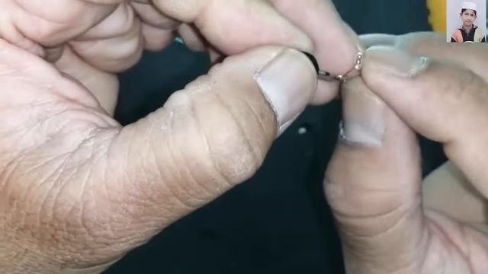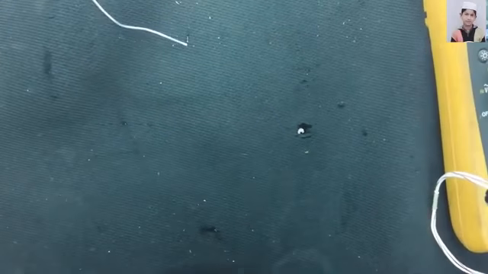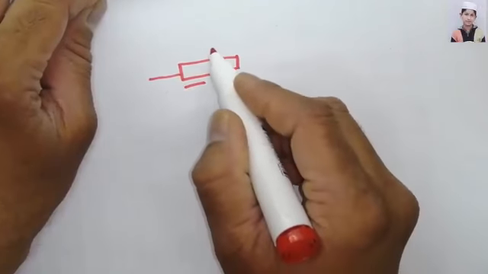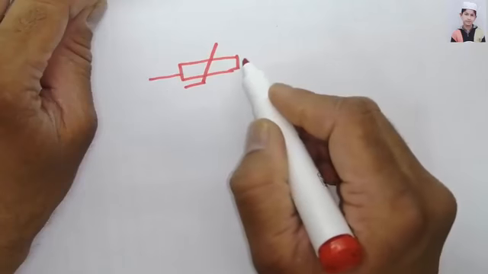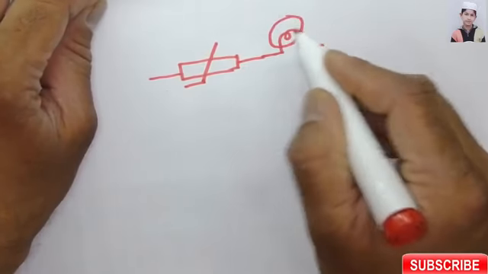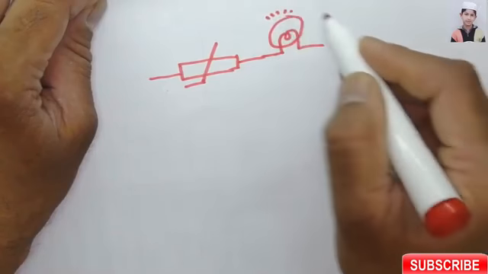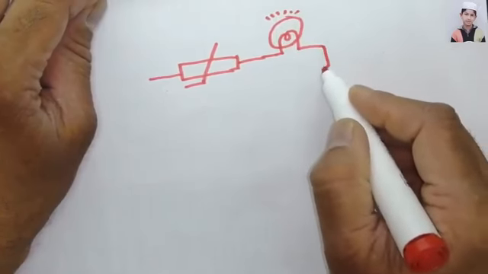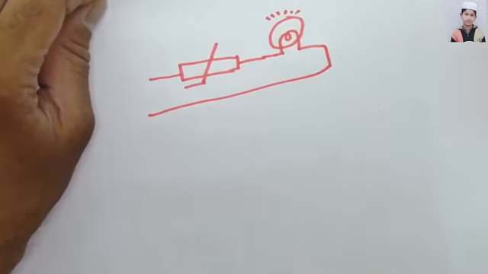Now we will apply 5 volt power. Now we will connect 5 volt like that. This is the thermistor, and here I will put a lamp. Here I am going to give it light. Okay, it is 5 volts. It is a complete circuit.